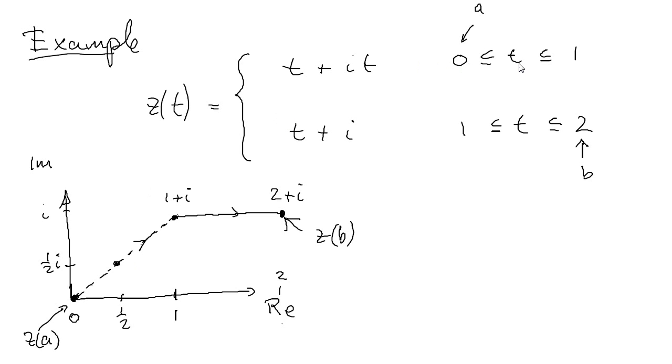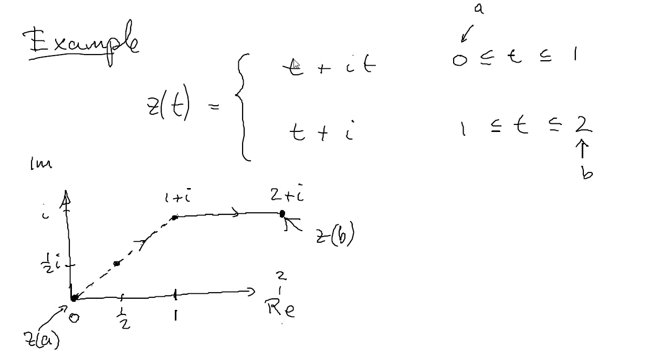Starting from t equal to 0, we have to use this description of the function. So the complex number we are starting in is equal to 0 plus 0i. That means the origin. So we are starting in the origin. Then we are increasing t. For example, let t be equal to 1/2.